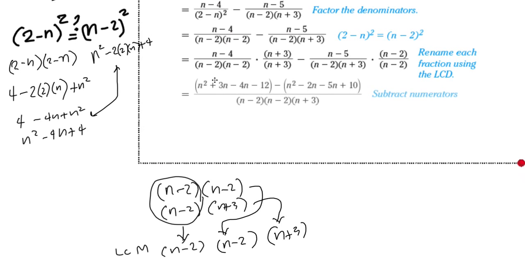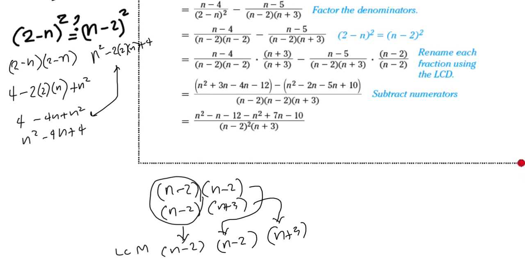And we simplify that, n minus 4 times n plus 3 using the FOIL method, okay, which becomes n squared plus 3n minus 4n minus 12, minus, okay, and put it in parentheses. Remember that subtraction always indicates that you need to put that into parentheses. Okay, again using the FOIL method, n squared minus 2n minus 5n plus 10. Okay, simplify our numerators. That becomes n squared minus n minus 12 minus n squared.